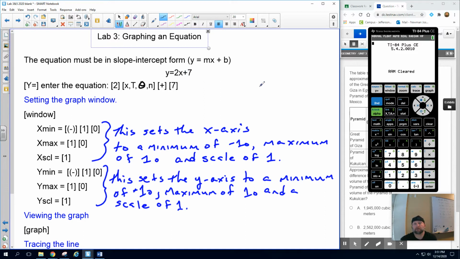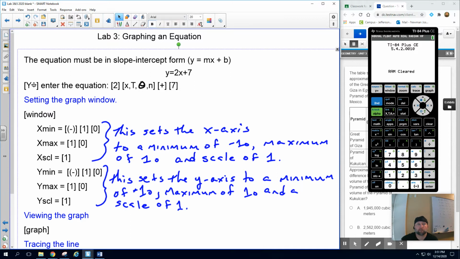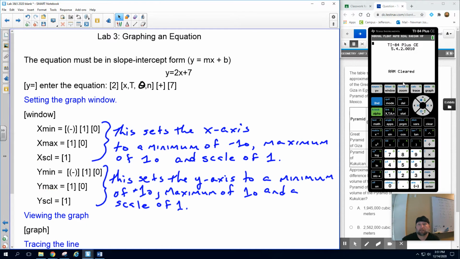In order to do that on the graphing calculator, first thing we have to do is hit the y equals button. That's this top left button right here on the graphing calculator. Hit y equals, and it brings up a bunch of different options: y1, y2, and so forth. They're all color-coded on this app. Not all calculators have that.